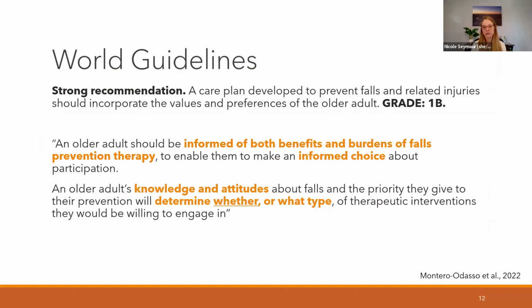The World Falls Guidelines specify that older adults should be informed of both the benefits and burdens of falls prevention therapy so that they can make an informed choice. The patient's knowledge and attitudes will determine whether or what type of intervention that they're willing to engage in. While this concept seems intuitive and easy, applying it to practice is not always smooth for many reasons.